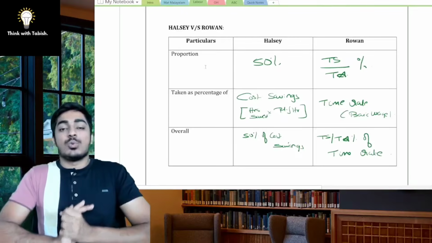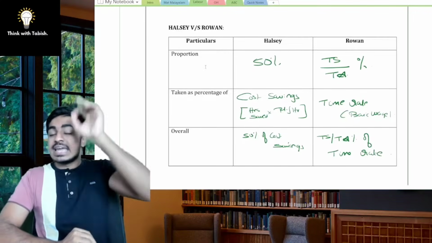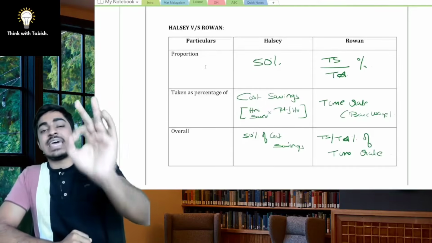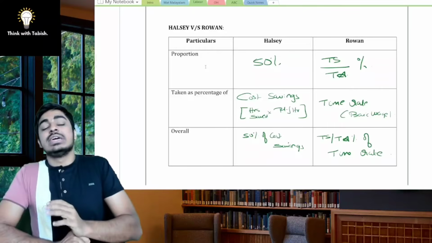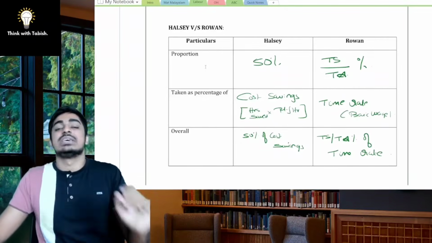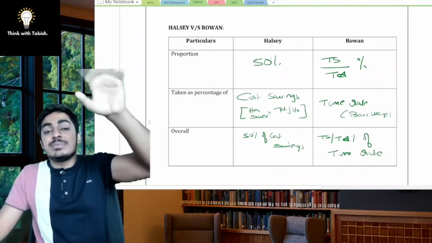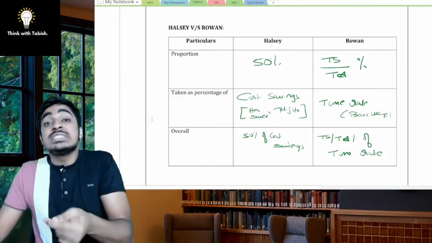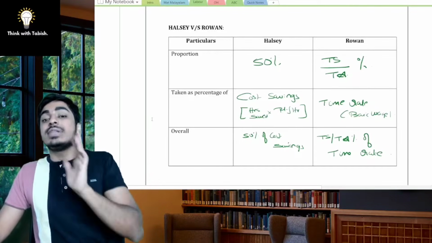Next, let us have a look at what is the difference between Halsey and Rowan. The percentage: in Halsey, we are giving every employee a standard 50% as bonus. In Rowan, it depends on time saved by time allowed percent. Percentage of what amount? In Halsey, we are paying them 50% of cost saving, whatever is the cost saved, that is hours saved into rate per hour.